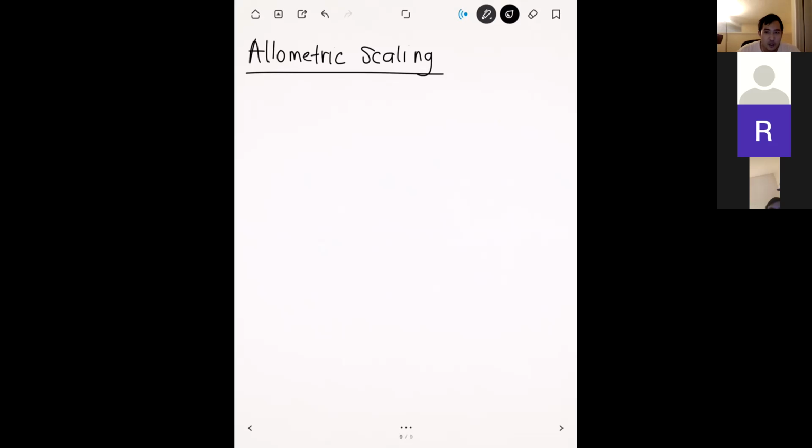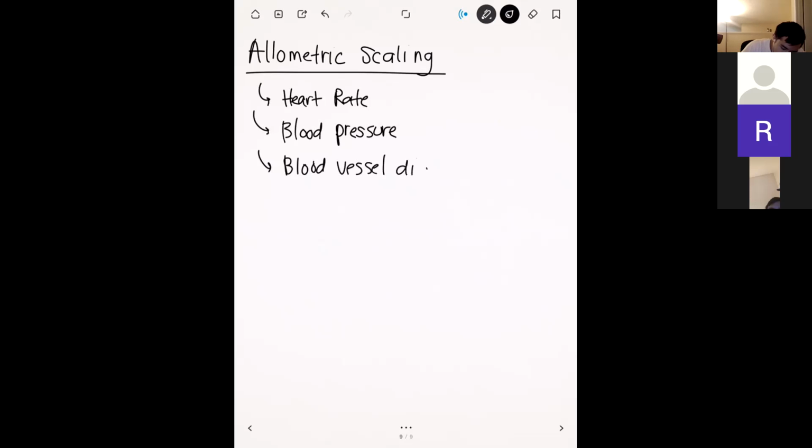Okay. And so, a lot of things that we usually measure in the cardiovascular system, like heart rate, blood pressure, and blood vessel diameter, all of these things are going to vary between different species, right?